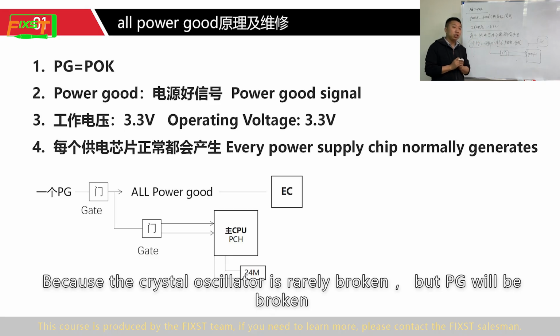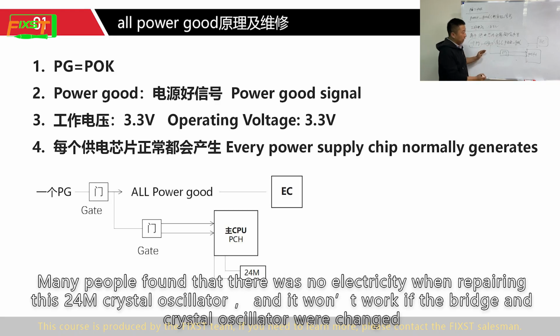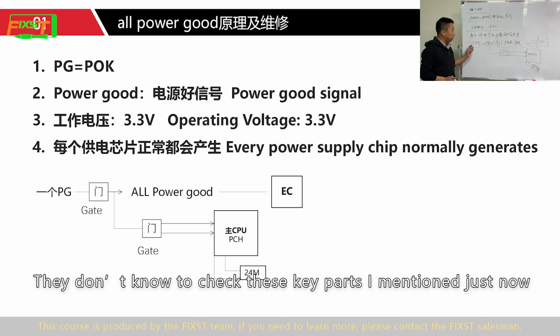The crystal oscillator is rarely broken, but the PG will be broken. When we are repairing the MacBook, we must follow this part to check. Many people found there was no electricity when repairing the 24 MHz crystal oscillator, and it won't work even if the bridge and the crystal oscillator are changed. They don't know to check these key parts I mentioned just now.